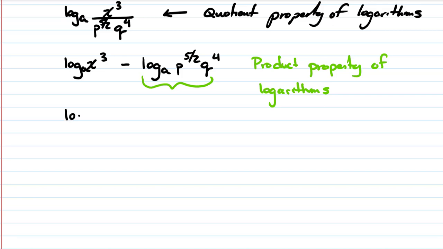And that gives me the logarithm base a of x cubed minus the logarithm base a of p to the 5/2 plus logarithm base a of q to the 4th.